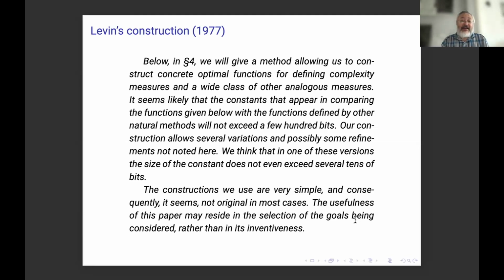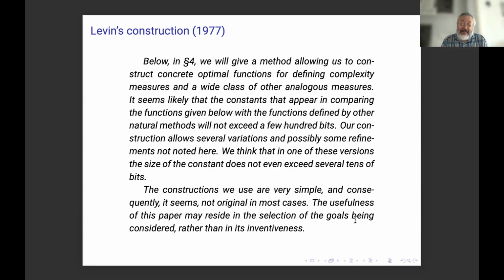It should be very economical, very efficient in terms of program length. And this was the claim of Levin, that maybe one can start with this and improve something and get several tens of bits instead of thousands. And of course, it's a very informal claim.